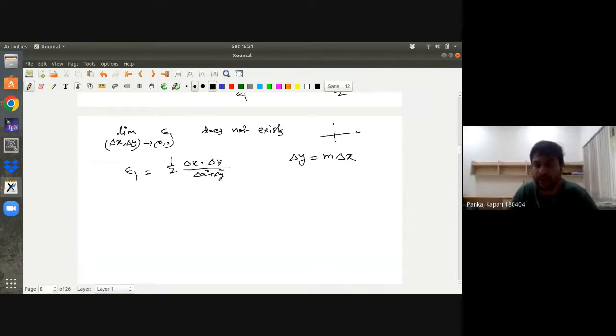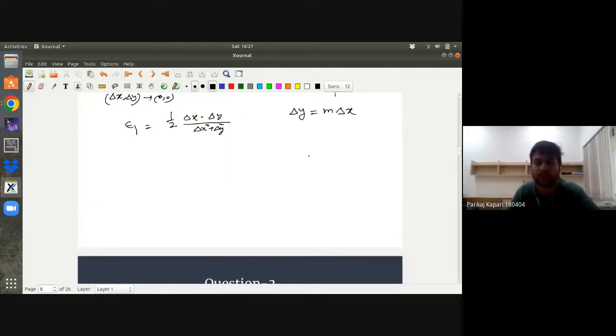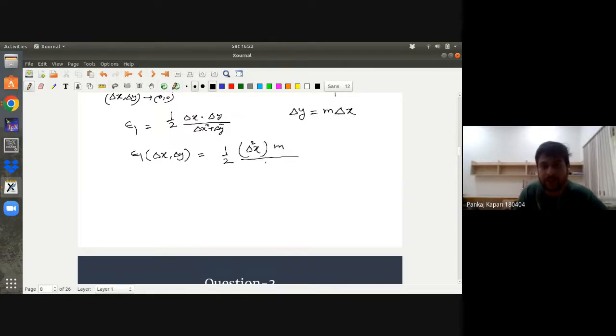Putting delta y equal to m times delta x, epsilon 1 equals half of delta x square, m can be taken out, and further this is m over (1 plus m square) times delta x square.